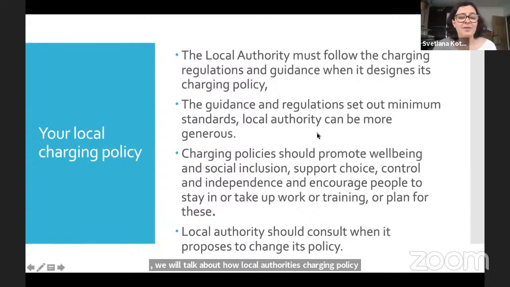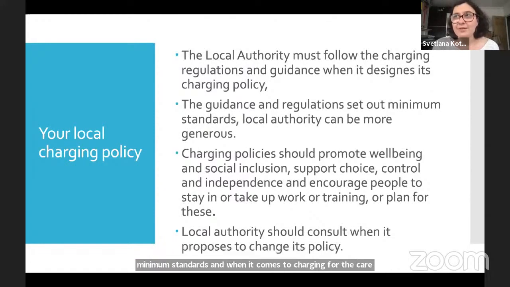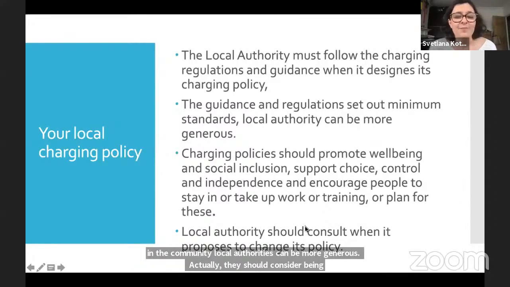So the guidance and regulations set only minimum standards, and when it comes to charging for care in the community, local authorities can be more generous, and actually they should consider being more generous, especially taking into account the local situation.